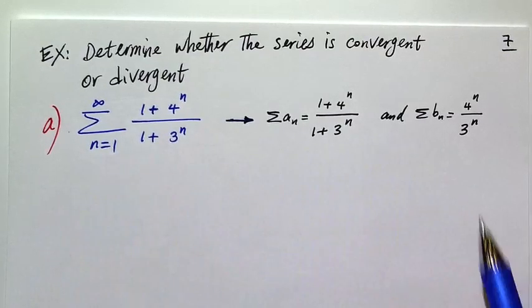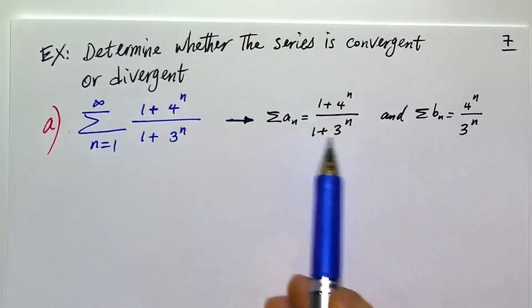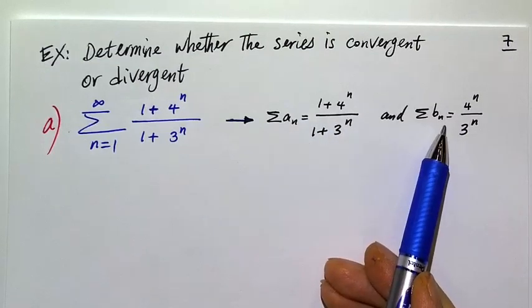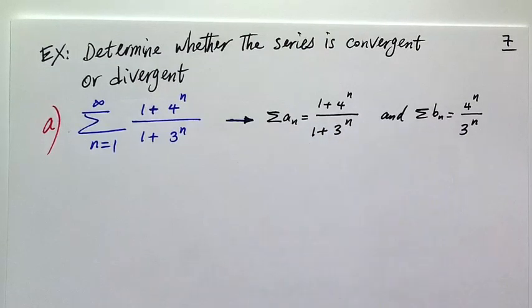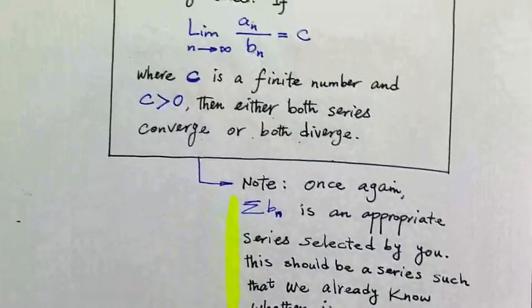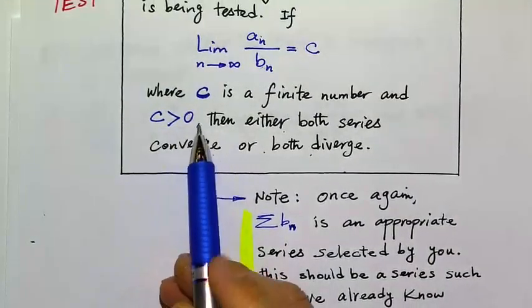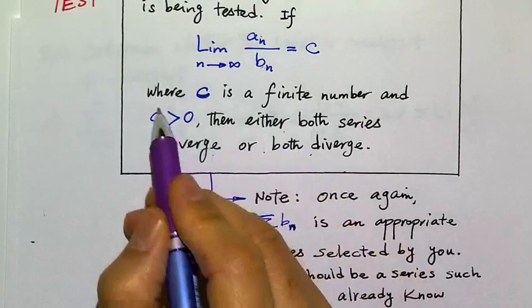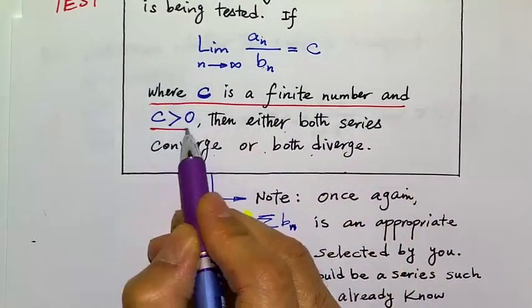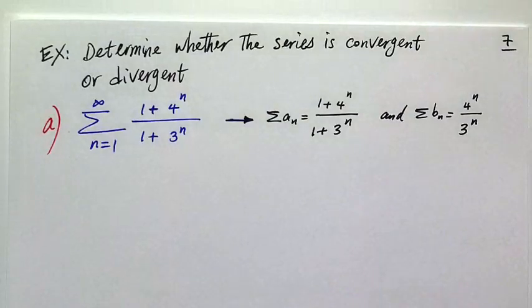For us to conclude, when we take the limit of the ratio of this divided by that, we should end up with a value that is greater than 0, where c is a finite number and c is greater than 0. We need to establish that, and we have not done that yet.